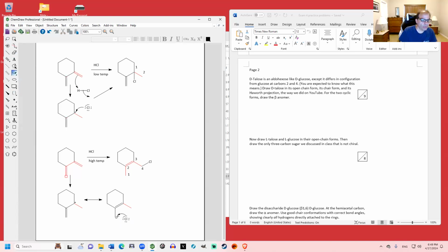And then you show the chloride ion attacking that carbon and forming a bond to this carbon, which is the same compound. I'll show you.